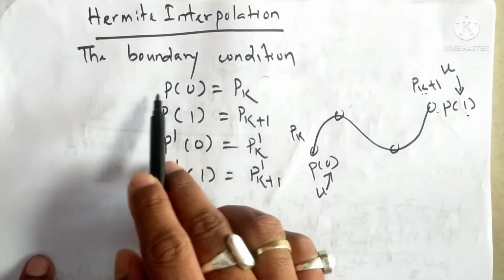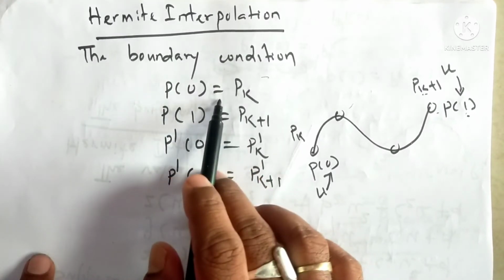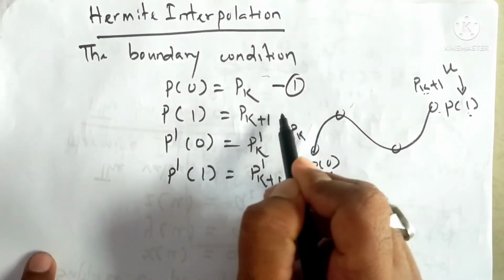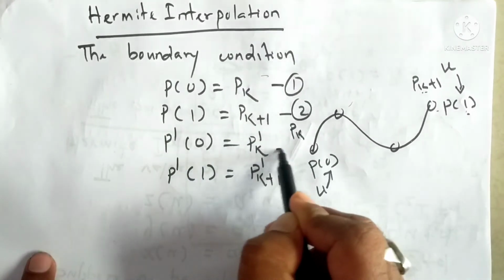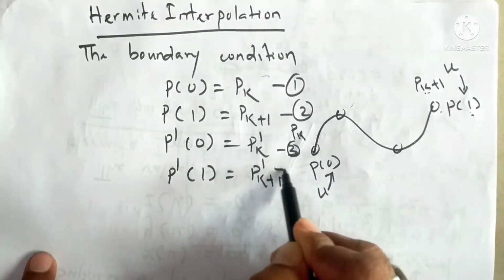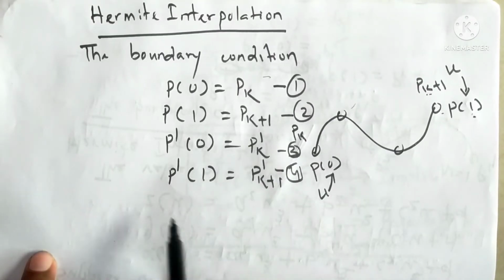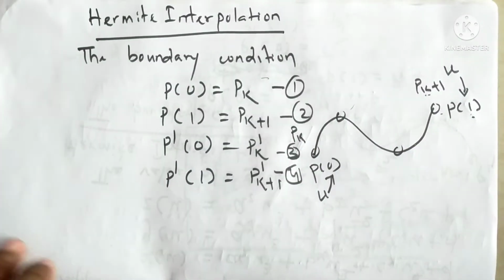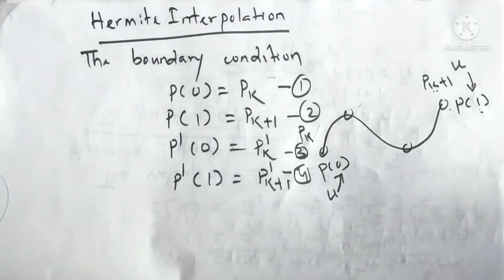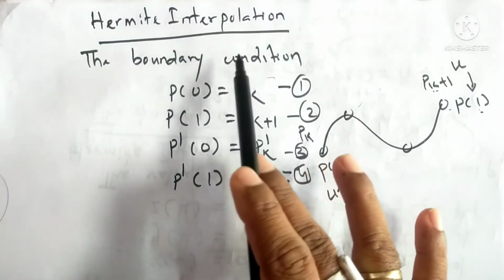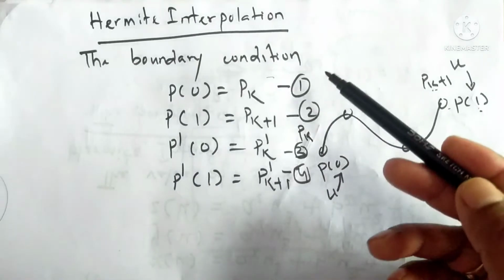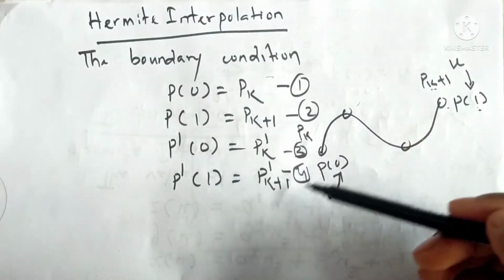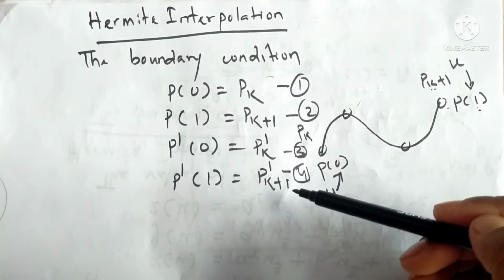Now just look at the boundary conditions. The 4 boundary conditions were written: this is equation 1, this is equation 2, let's say this is equation number 3, and this is equation number 4. Now the 4 equations we are going to represent in terms of a matrix. So the Hermite interpolation boundary conditions are represented with 4 equations, and now the 4 equations will be represented in terms of a matrix.